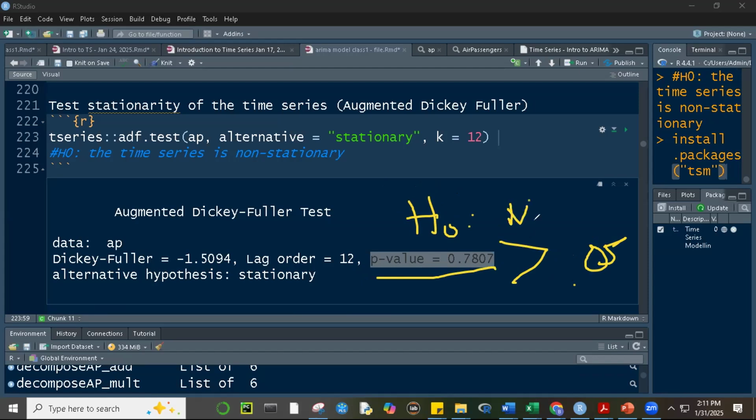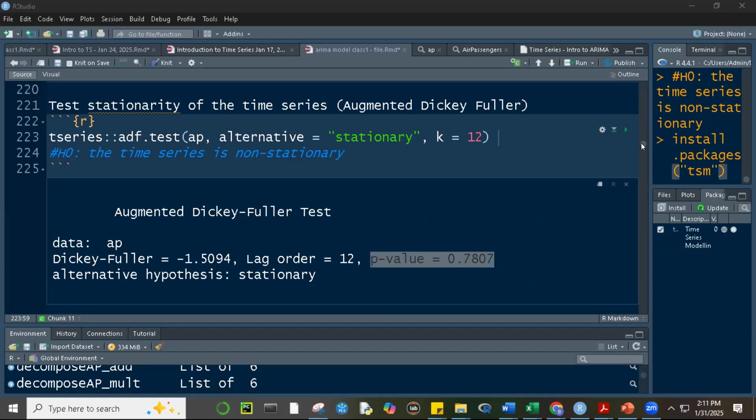We cannot reject that hypothesis. Which is actually what we were expecting, because the time series is really not stationary.